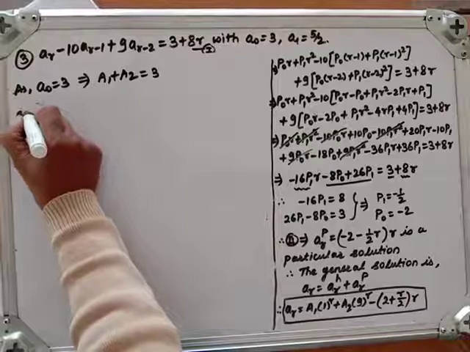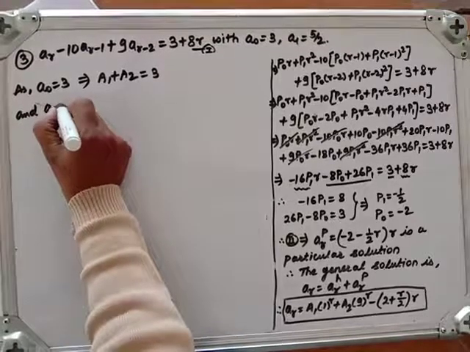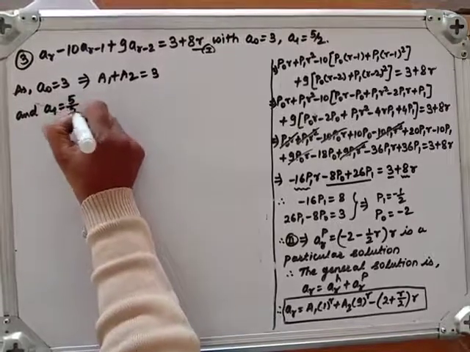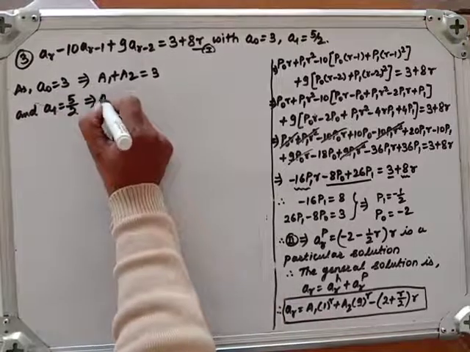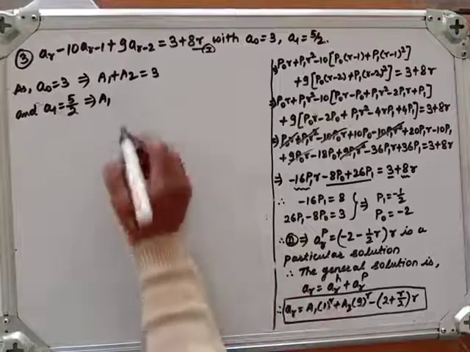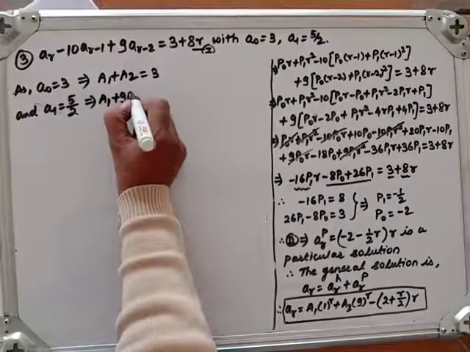And a_1 is equal to 5 by 2. That gives us r equal to 1 to put in.